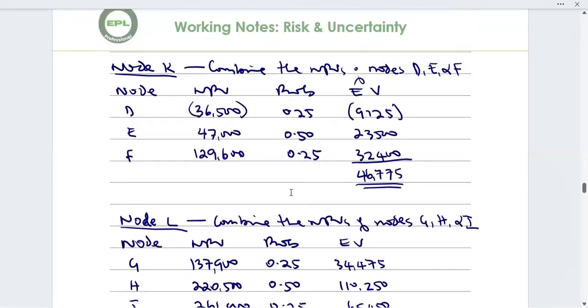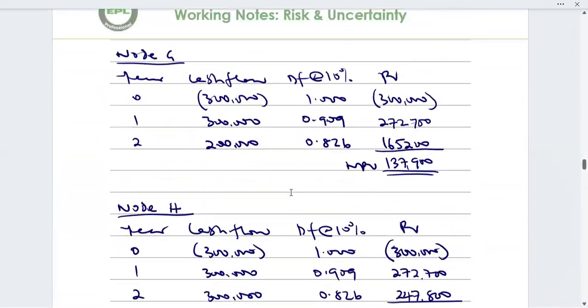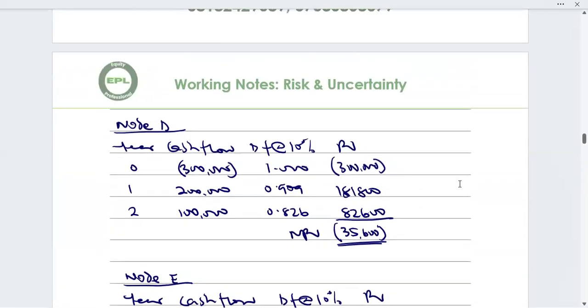Let me confirm node D first, the MPV of node D. 82,600 plus 181,800 minus 300,000. 35,600 is correct.